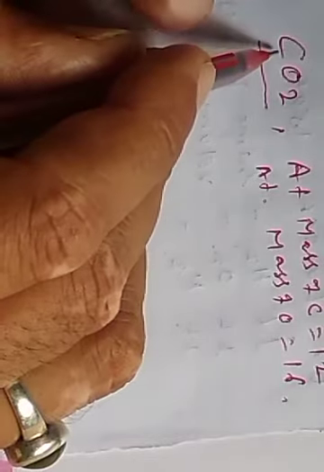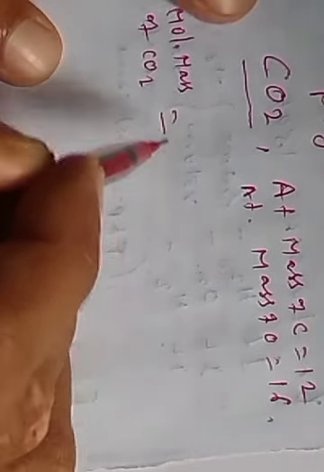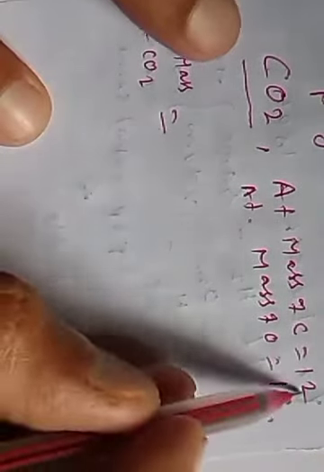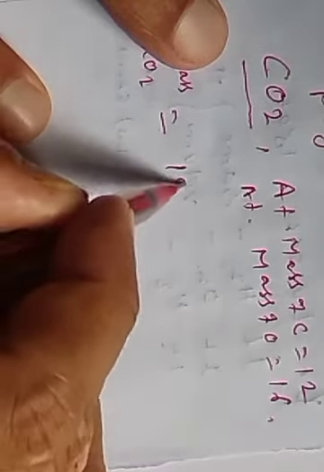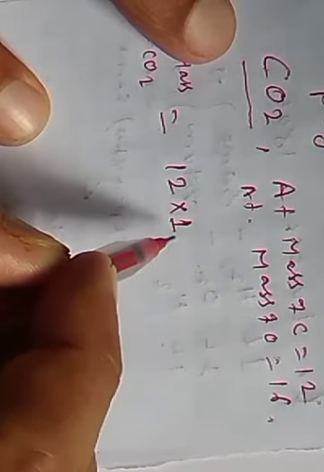Here the relative atomic mass of carbon is 12. So the molecular mass of CO2 is equal to the atomic mass of carbon, 12. Now the total number of carbon atoms in CO2 is 1, so we multiply with 1.